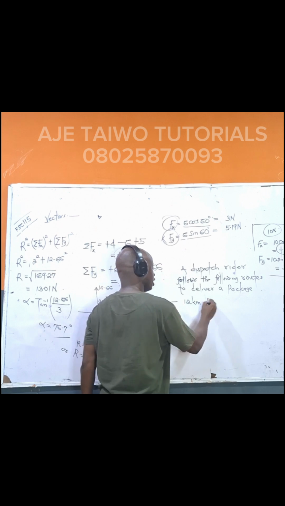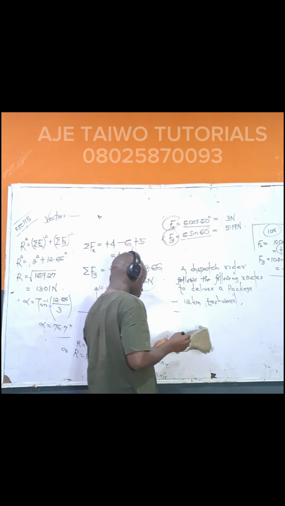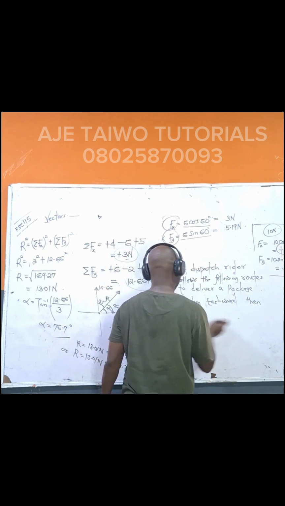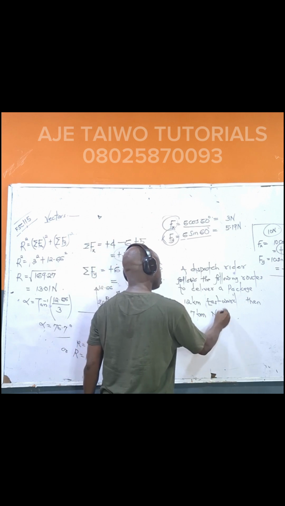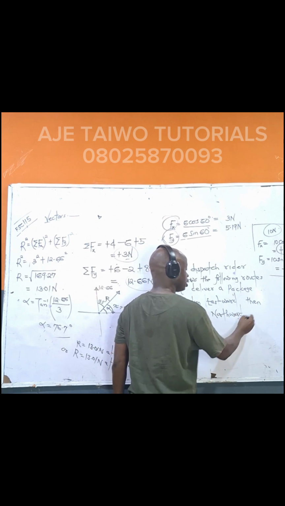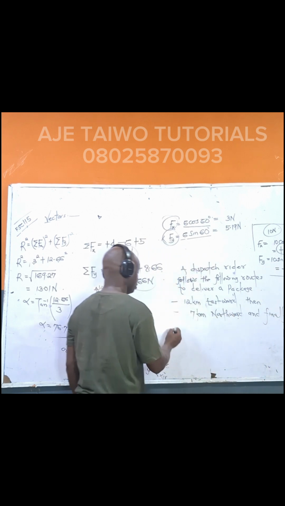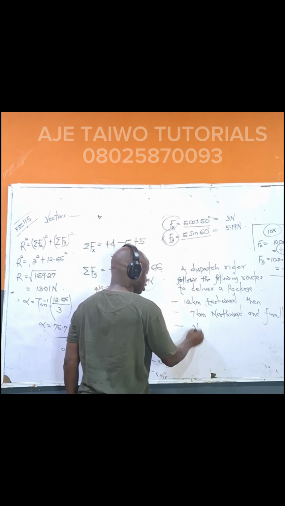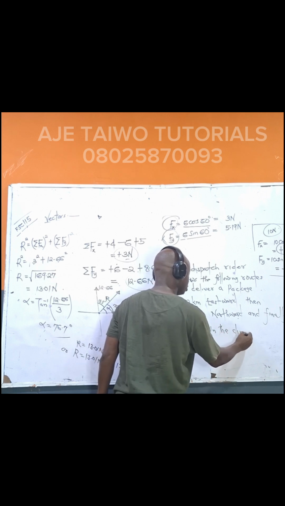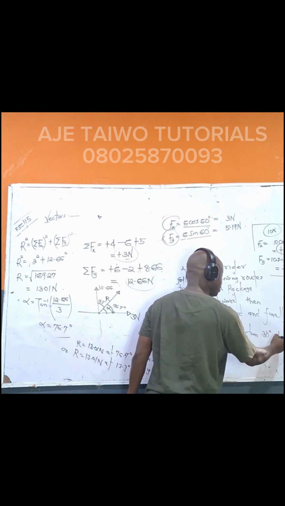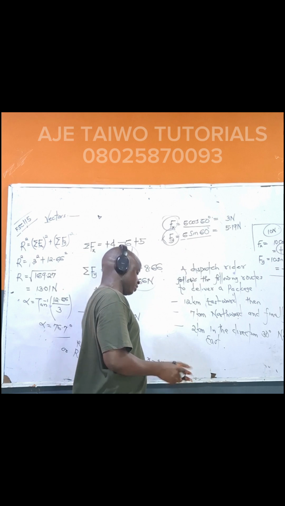12 kilometers eastward, then 7 kilometers northward, and finally 2 kilometers in the direction 30 degrees north of east. North of east.